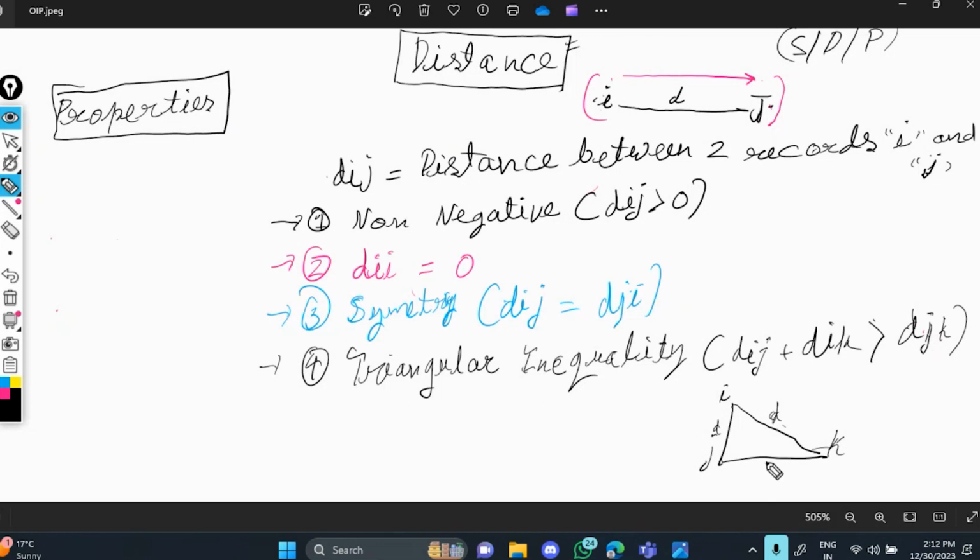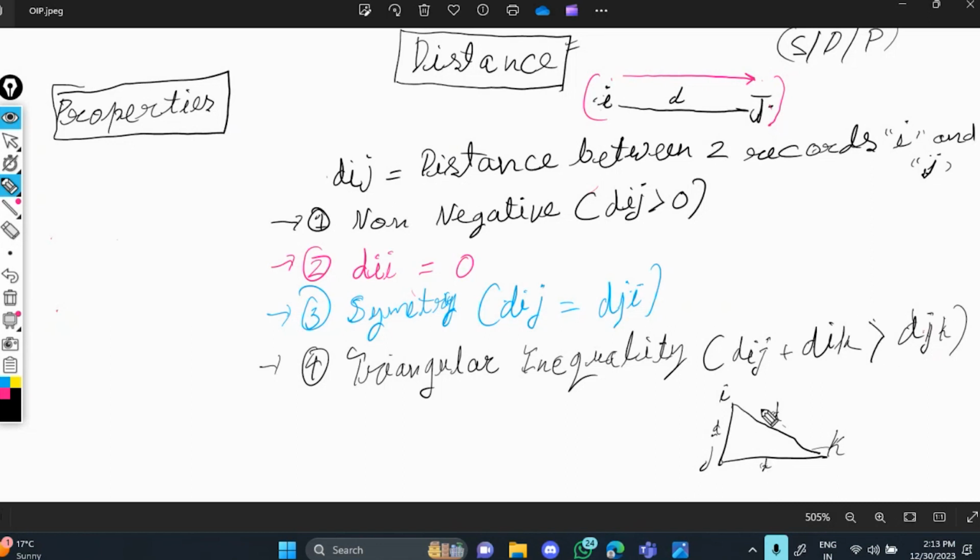If we calculate the distance between this point j and k, two different records, and add them together, it is also greater than any other third record.